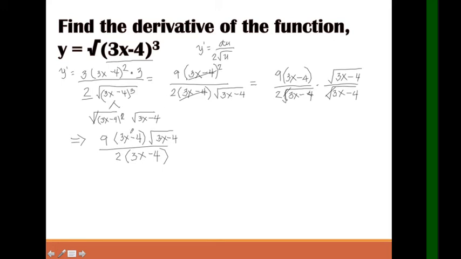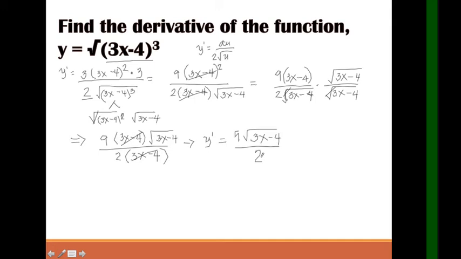This portion meron ako nakikitang pwede natin i-cancel, so we can now cancel this 2 because they are equal to 1. Therefore, for the final answer, the derivative of y is equal to 9 square root of 3x minus 4 over 2.